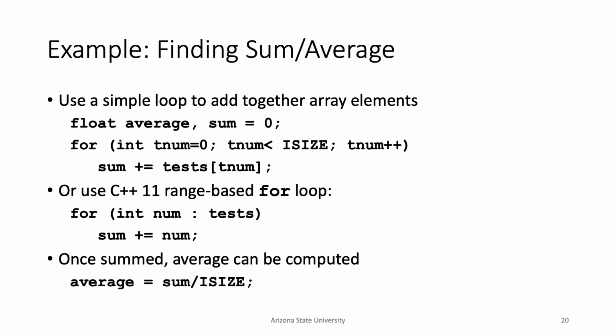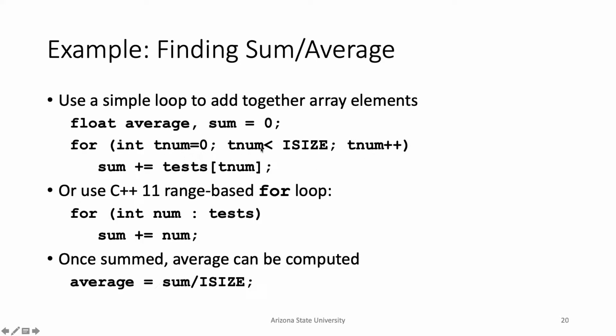Okay. But let's just say we want to actually do something useful now. So maybe we want to know what is the sum of the elements in the array, or what's the average, or standard deviation, or whatever statistic you want. So these are really simple. No issue here.